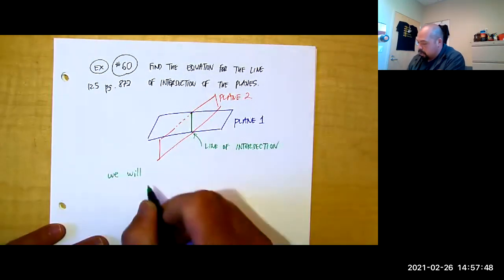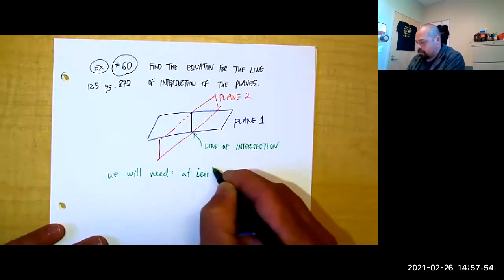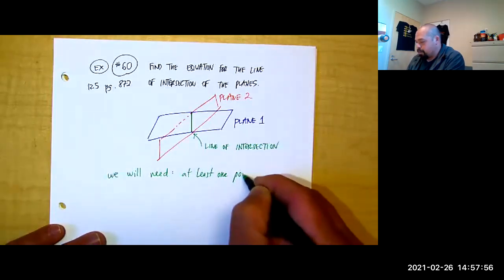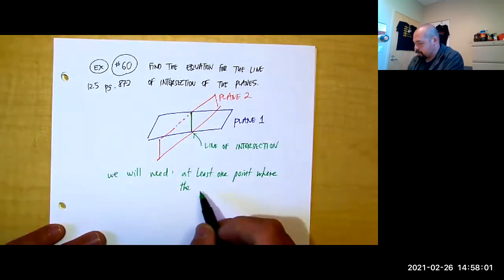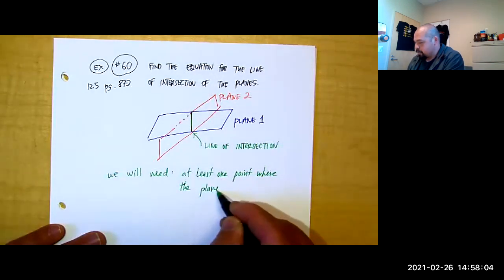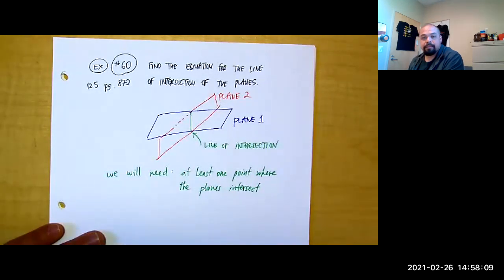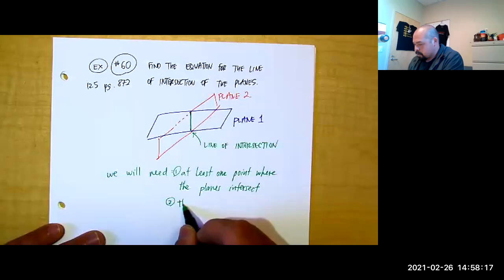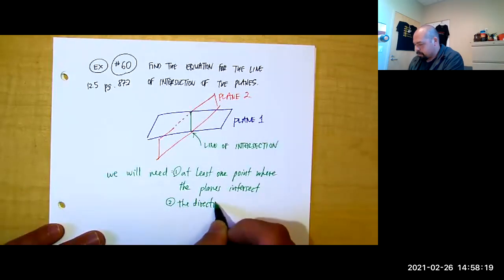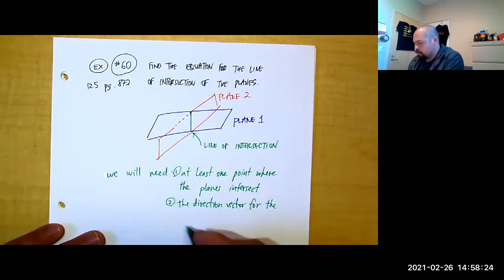But what we're going to need, we'll need at least 1 point where the planes intersect, right? 1 point that they share, and we're also going to need the direction vector for that line of intersection.